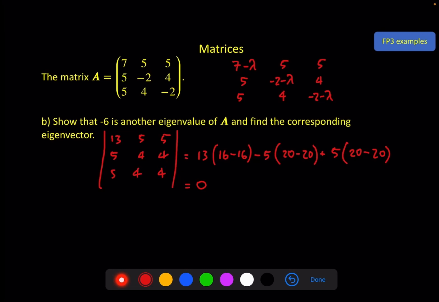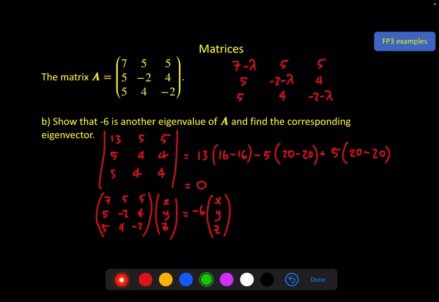Okay, find the corresponding eigenvector. So we have 7, 5, 5, 5 minus 2, 4, 5, 4 minus 2 applied to x, y, z must give us minus 6 times x, y, z.